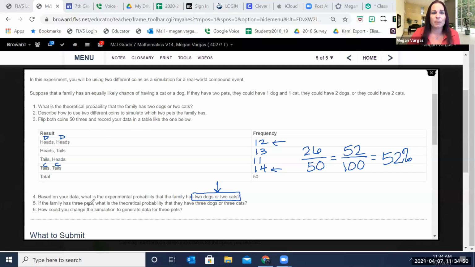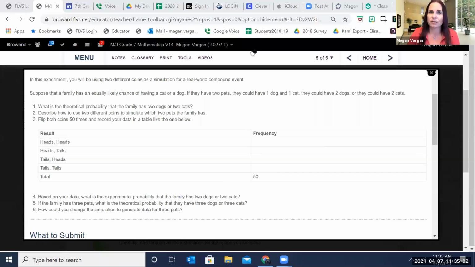All right, if the family has 3 pets, what's the theoretical probability they have 3 dogs or 3 cats? So now this is a little different, right? Let's think of all the ways that we could get 3 pets. We're basically talking heads and tails. So we could have 3 dogs.